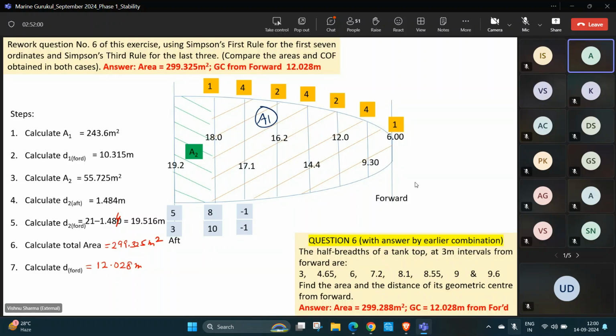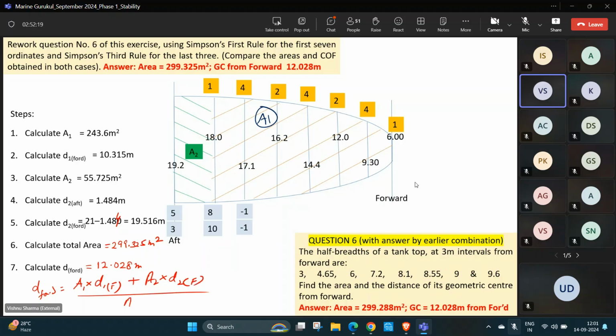Yes, sir, getting 12.028. Okay, very good. The final step you already know, guys. D from forward will be A1 into D1 from forward plus A2 into D2 from forward upon A1 plus A2. I'm sure this concept has sunk in well because we have been using it repeatedly so many times.